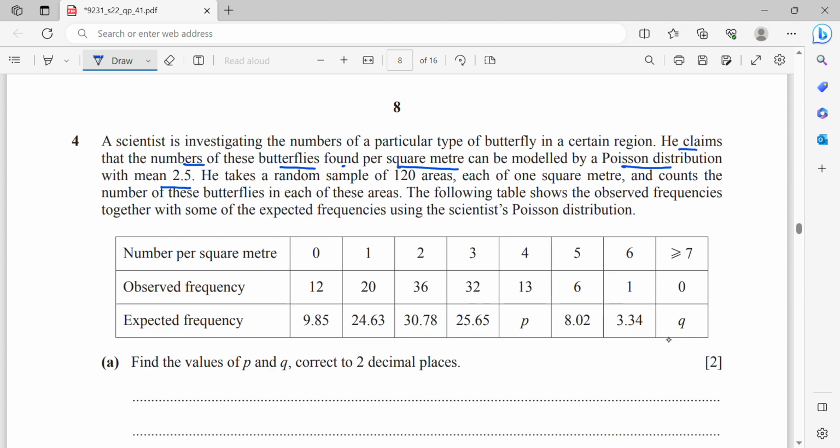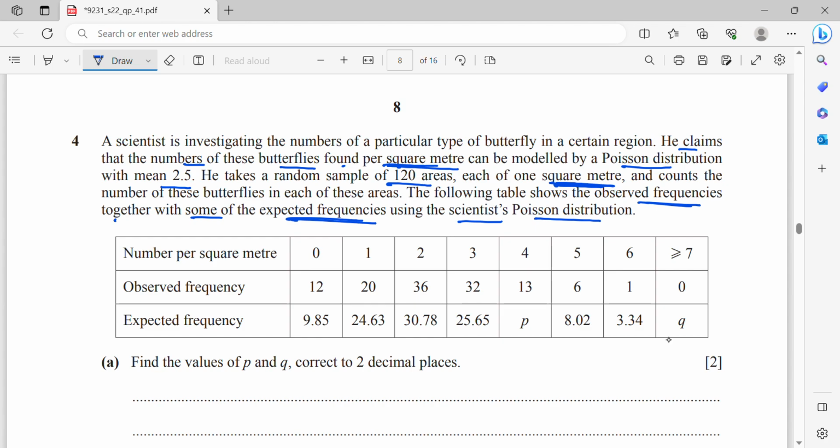He takes a random sample of 120 areas, each of 1 square meter. It's the same, you see here, per square meter, and counts the number of butterflies in each of these areas. The following table shows the observed frequencies together with some of the expected frequencies using the scientist's Poisson distribution.